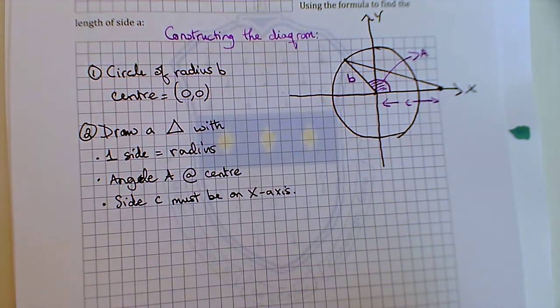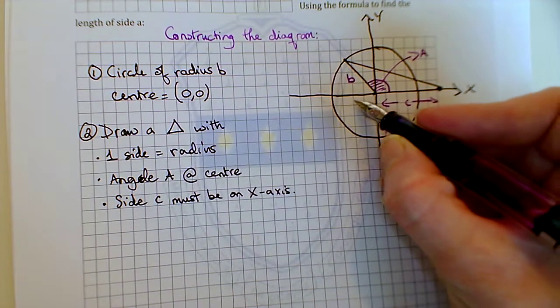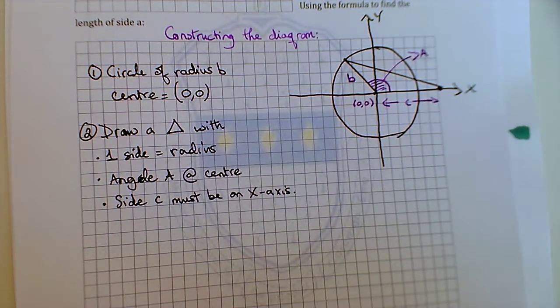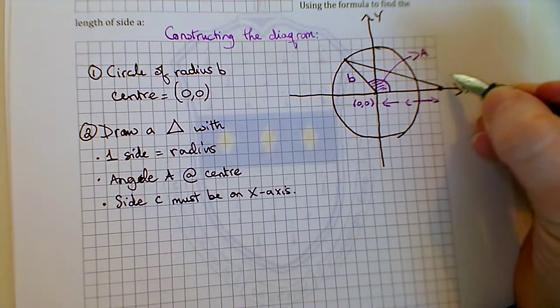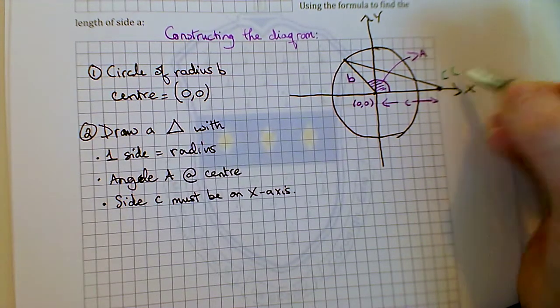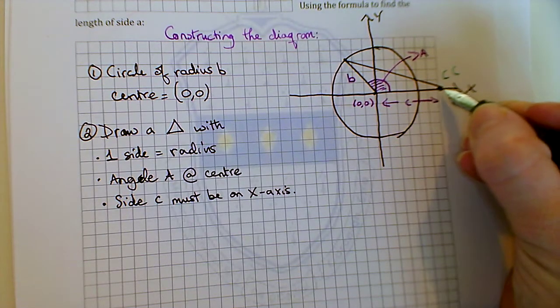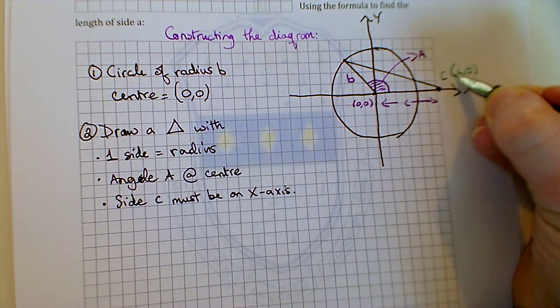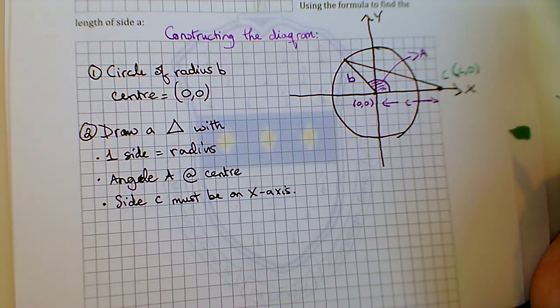Now, this is the point 0, 0. And the other points that we have, well, we have the point C out here. And because that's the distance C, this is the point C, 0. Okay, so that's one of the points on the circle.